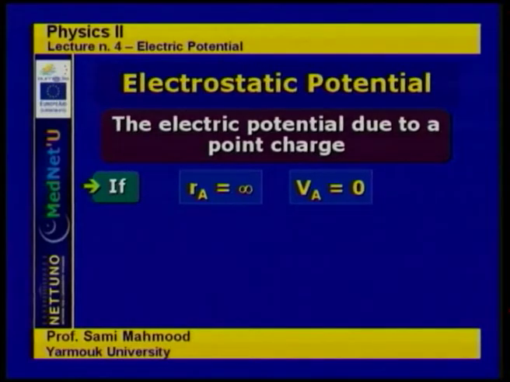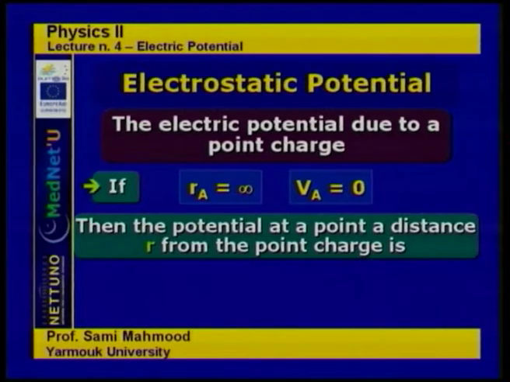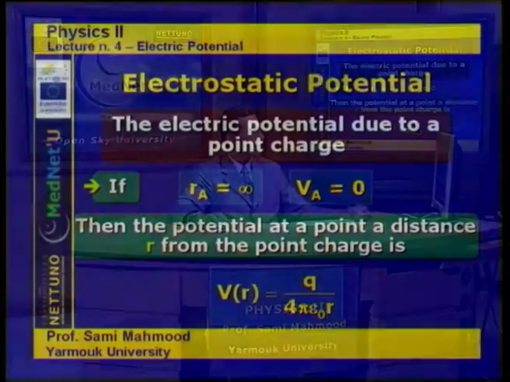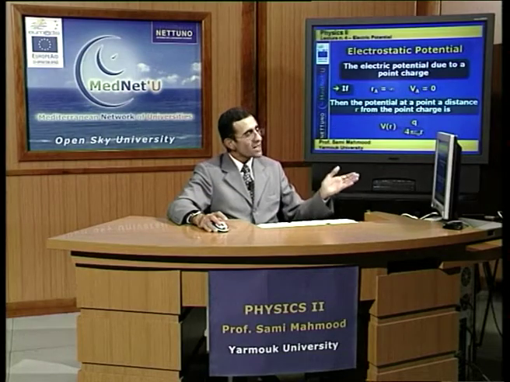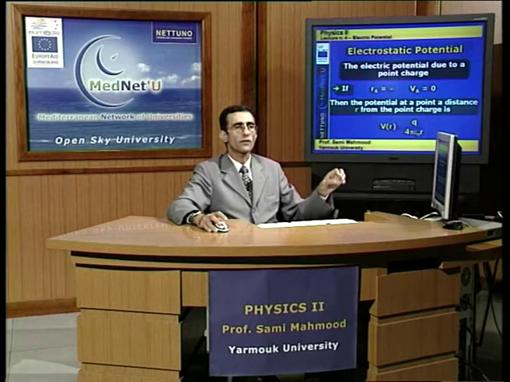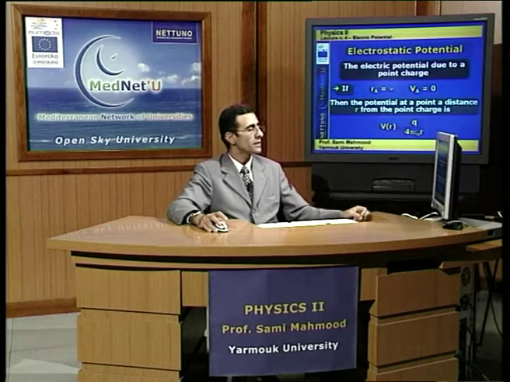So if we set r sub a equal to infinity, then V sub A is equal to 0, and that will give us the potential at a point R, a distance R from the point charge, which we called the point B in the previous discussion. Then V at R, which is called VB in the previous formula, is equal to simply Q over 4 pi epsilon naught R. R was R sub B in the previous formula, but we call it now R to be applicable to any point in space.